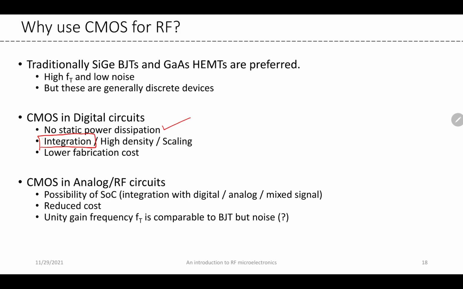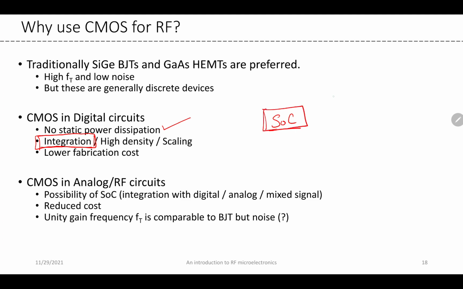Something which is in fact a good selling point for CMOS in RF design is that it is easily able to integrate with the existing silicon. So you have a digital design on a silicon chip, and if you are able to get an RF circuit design on a silicon chip as well, then you're able to do everything on a single chip. You might have heard of the term system on chip, right?